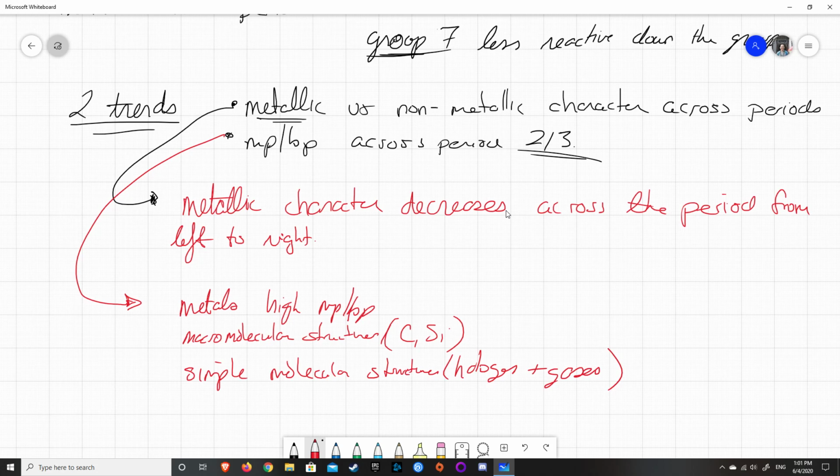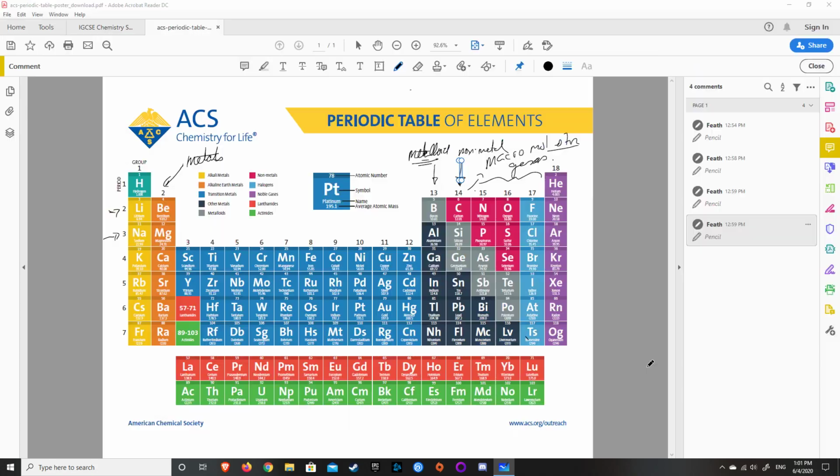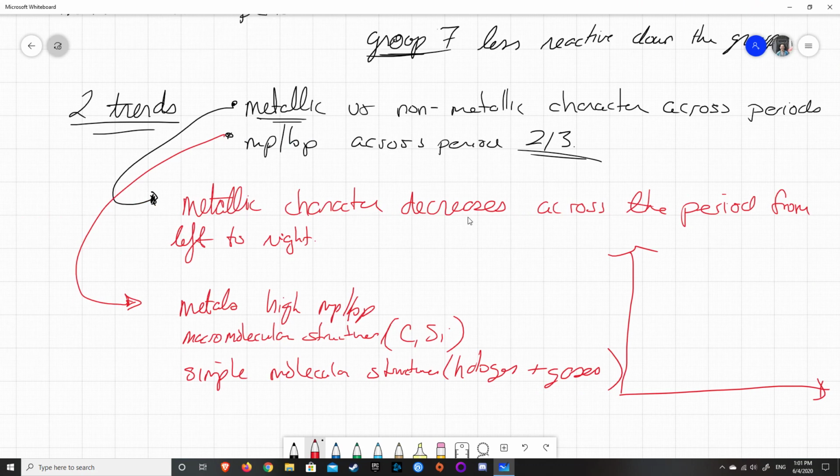So if we were to draw a graph of this, let's look at the periodic table: lithium, beryllium, boron, and carbon, and then finally nitrogen, oxygen, fluorine, and neon.